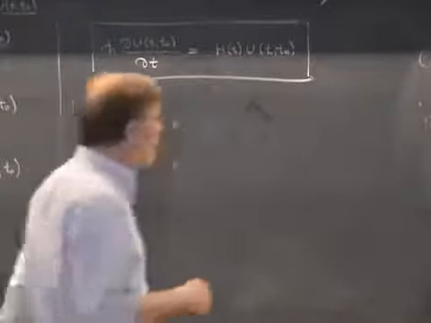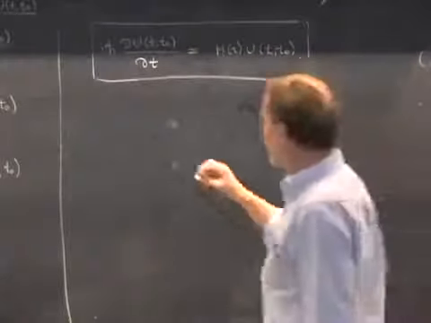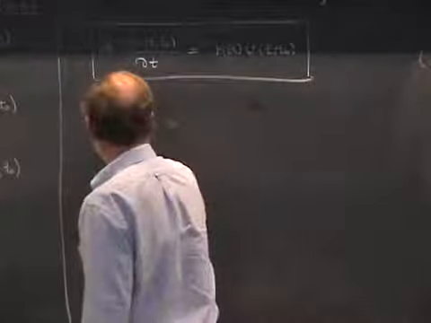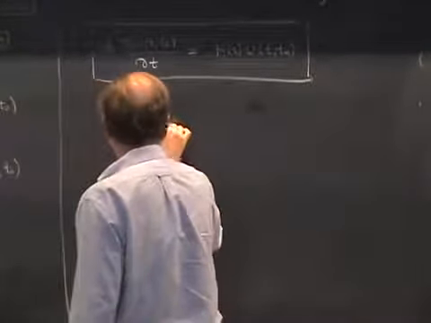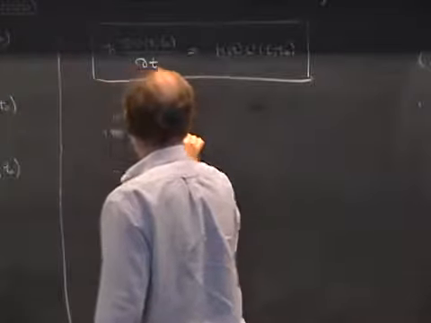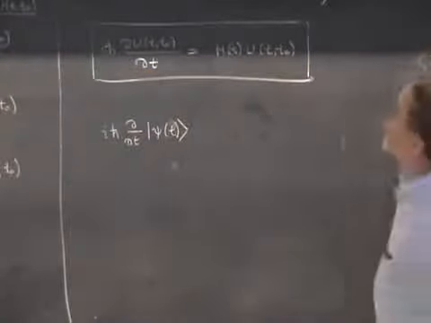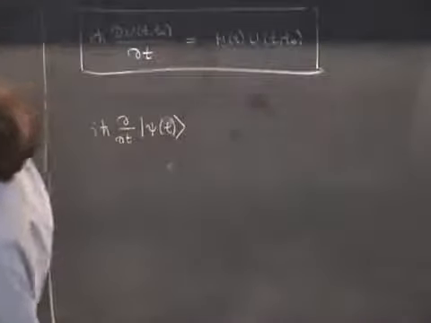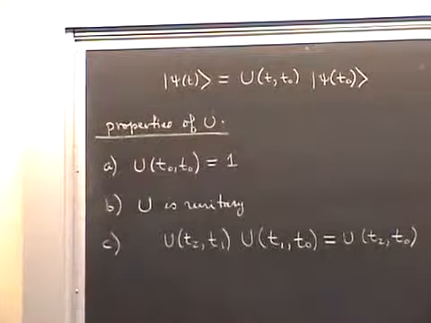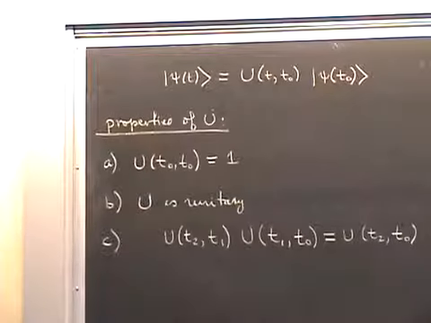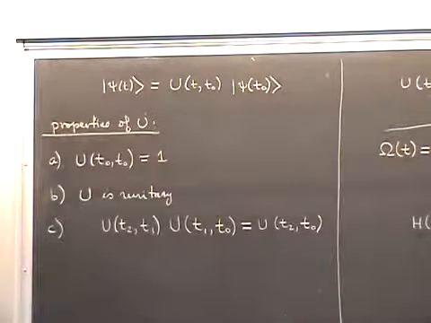Closely related to this is another version of the Schrödinger equation, which is obtained by, let's multiply by i h bar, and calculate the time derivative of the evolution of the state vector, psi of t. Well, I'll remind you, it should still be on the board, psi of t is the U operator multiplied times psi of the initial time. So the time derivative, which acts only on the final time, is going to act only on U and not the initial value of psi.